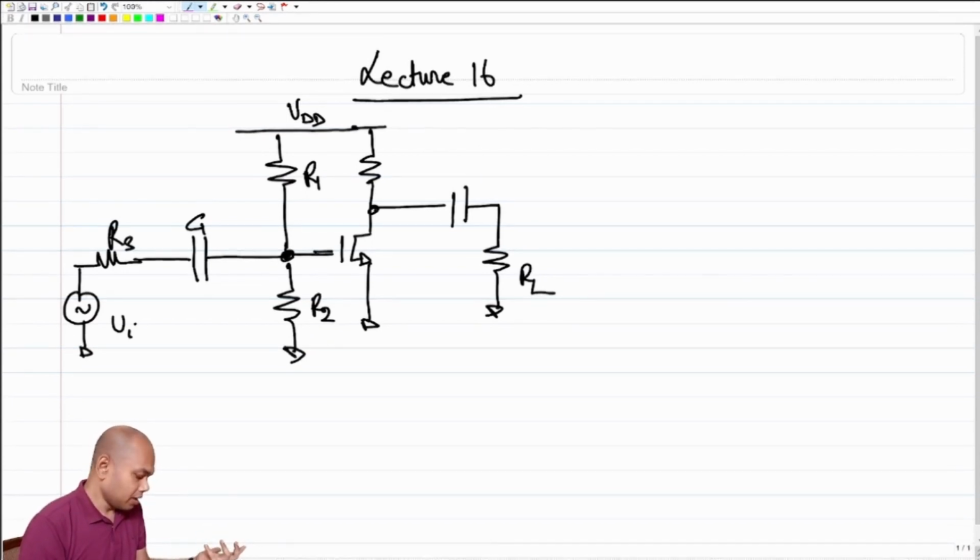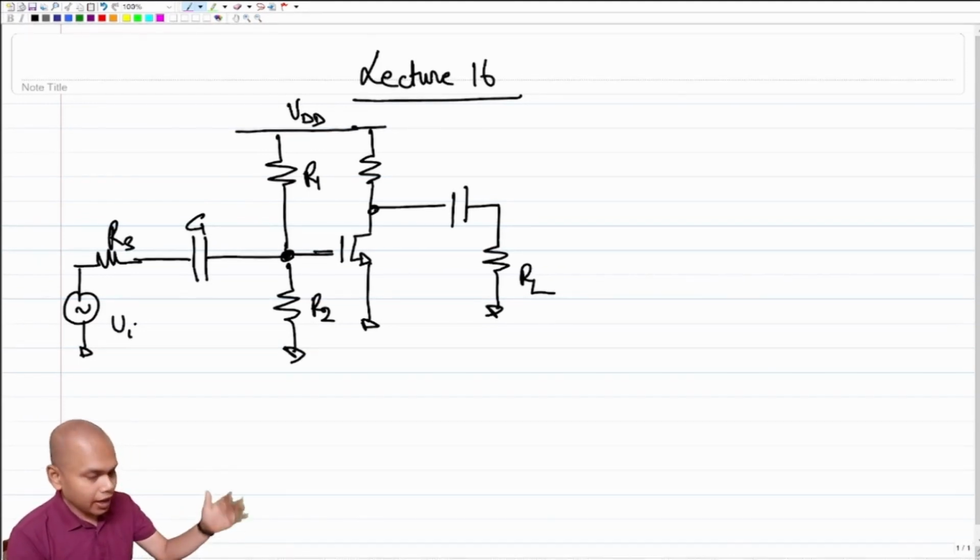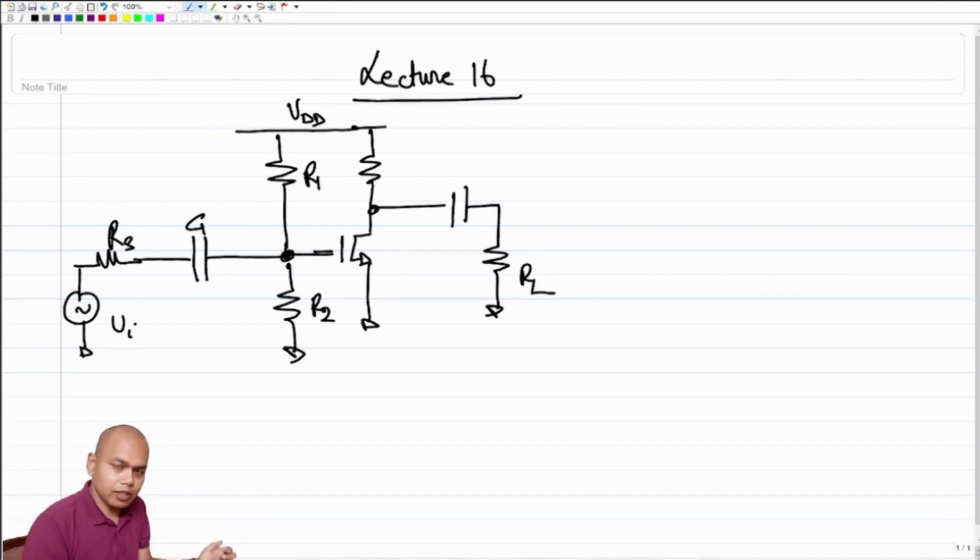How are we? And then we saw that we needed to apply the incremental input also, and needed to ensure that the gate of the transistor swings with almost the entire incremental input. So for that we needed a battery between the gate of the MOSFET and the input source.